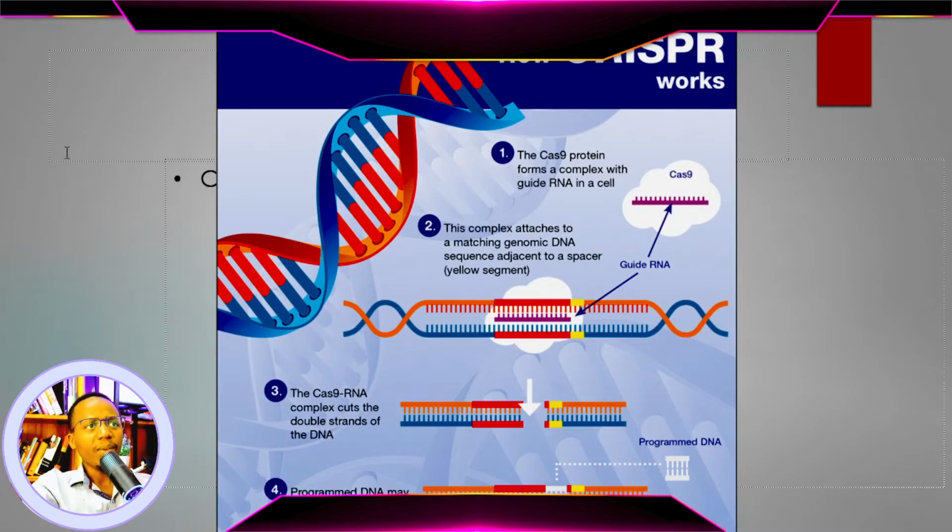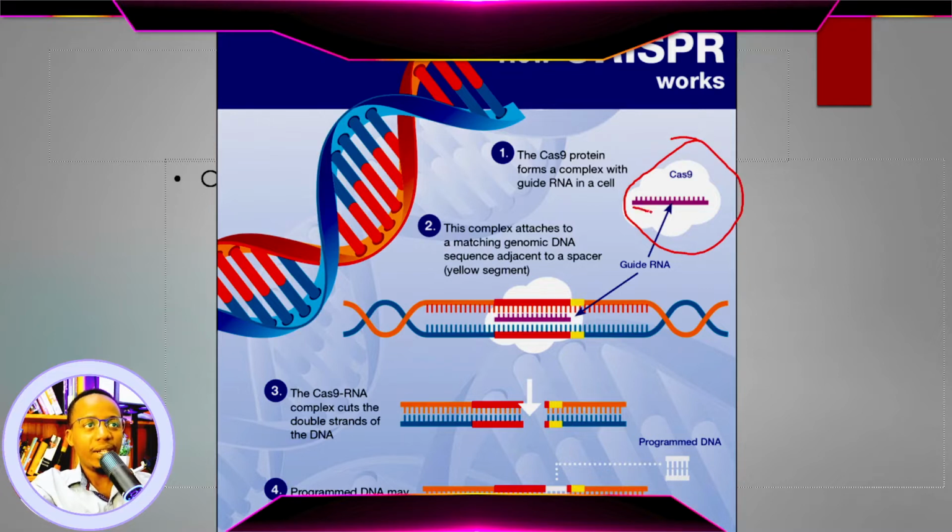But this is what you do. So this is your DNA of interest, right? And you want to insert a certain gene or a DNA, right? So you have what we call a guide RNA. So you have the Cas9 protein in white with the guide RNA in purple.